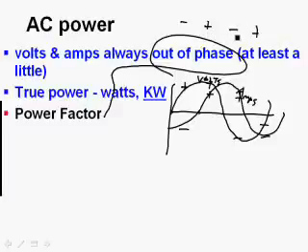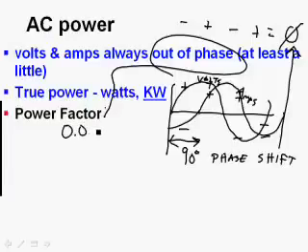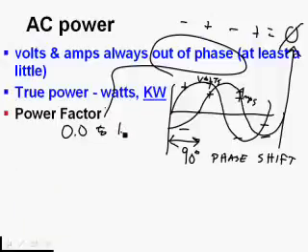If we added all these answers together, we'd end up getting 0 if they were out of phase by 90 degrees. A 90-degree phase shift is the worst case scenario. A 90-degree phase shift is going to give us no power occurring at all. Now, we're not going to calculate the power factor, but power factor can be anywhere from 0.0 to 1.0.